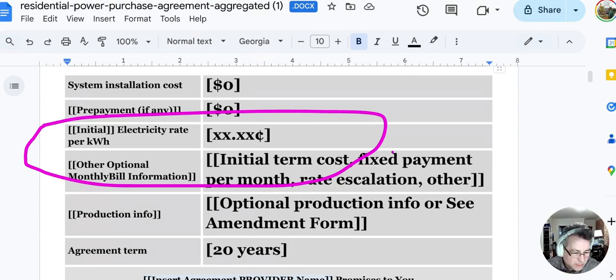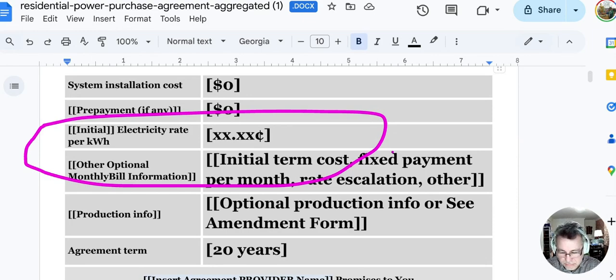So if you're dealing with a company that has a high cost of capital because it's a startup, and you're dealing with a company with a negative cost of capital, it might be worth it to them to prepay and get a lower rate for the electricity than it would for the installer to borrow money and finance this themselves.